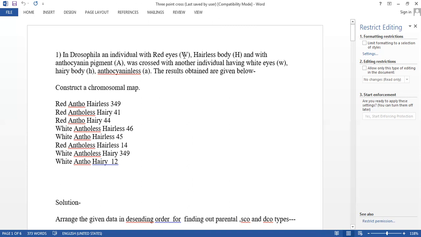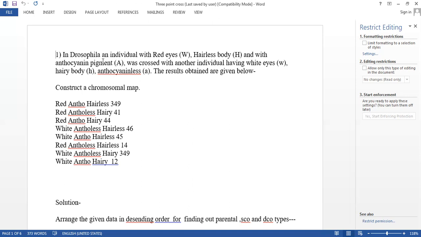Now here you have 3 genes, W, H, and A. They are dominant and recessive. First thing you have to find out is which of these 3 genes is in the center. Once you find out which gene is in the center, the second part of the solution will be to find out the distance between them.